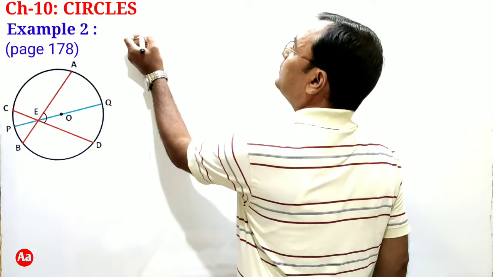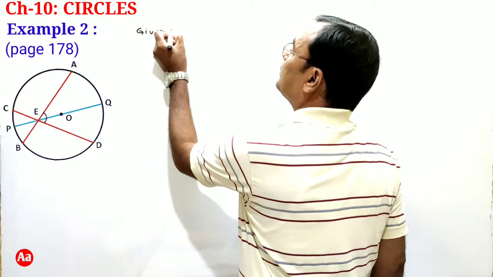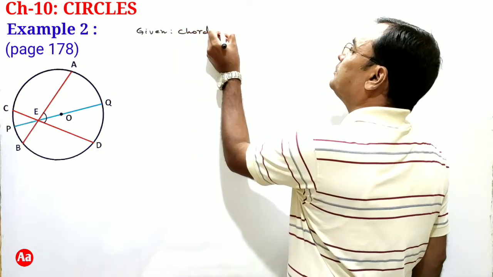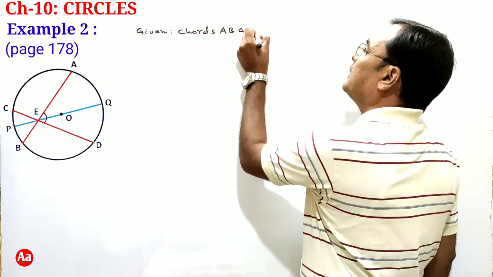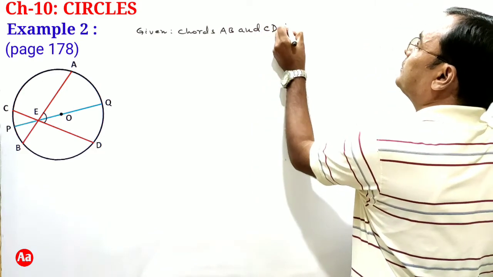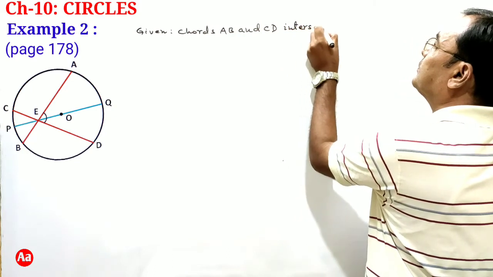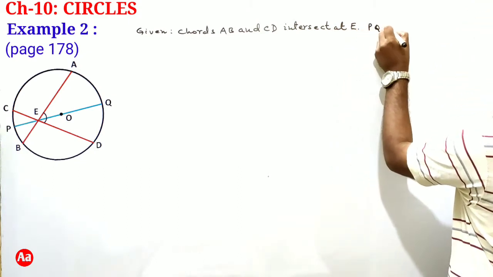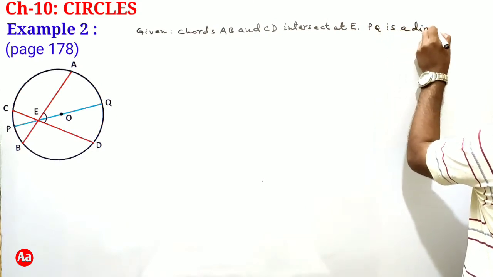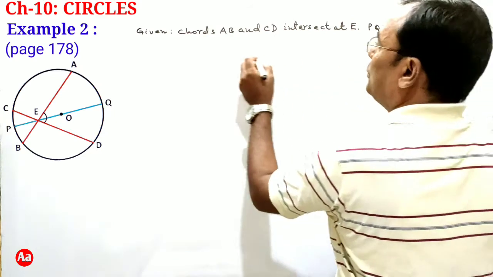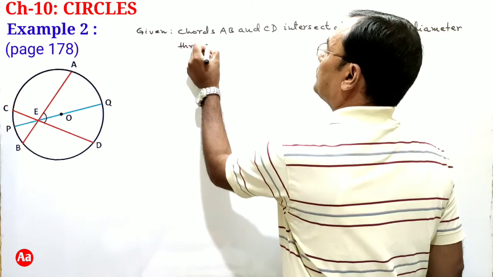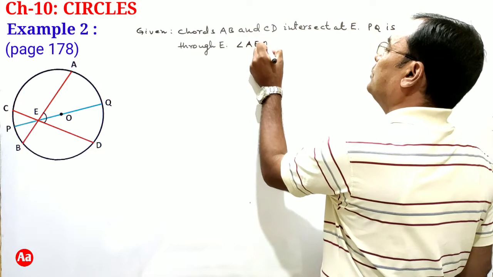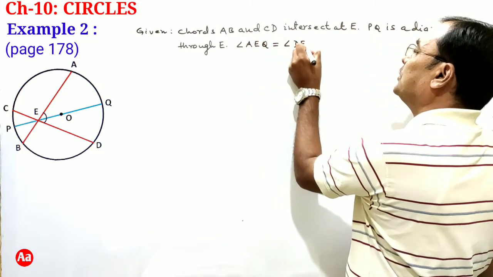So let's write given: chords AB and CD intersect at E. PQ is diameter through E. Angle AEQ is equal to angle DEQ.